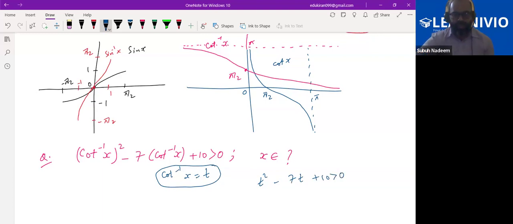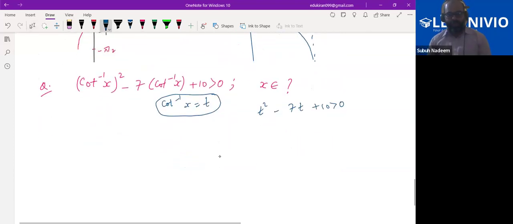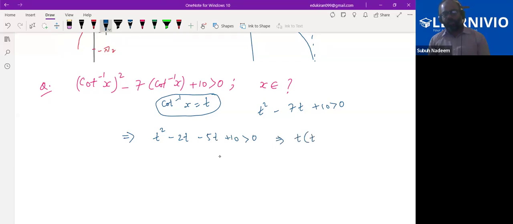Our first task is to solve this algebraic inequality. So with middle term splitting, minus 2t minus 5t plus 10 greater than 0. So this will be t into t minus 2 minus 5 into t minus 2 is greater than 0.